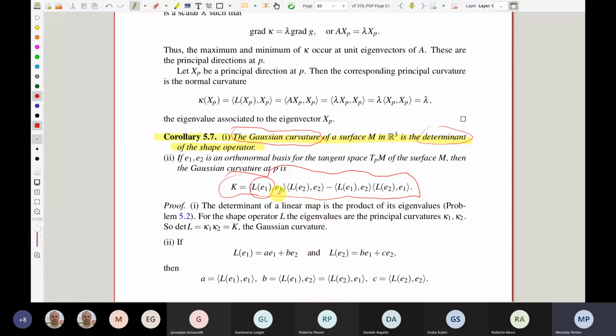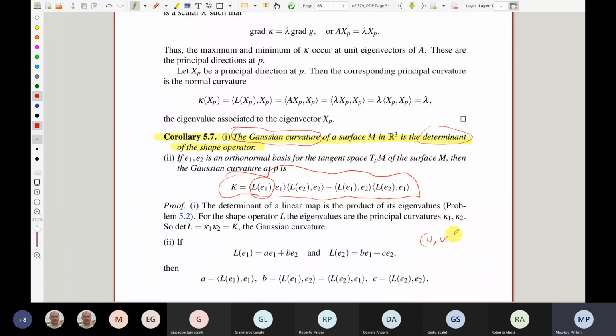Usually, when you have a surface, in the original language from the Geometry 1 course, the surface is parameterized by parameters that you probably call U and V, right?